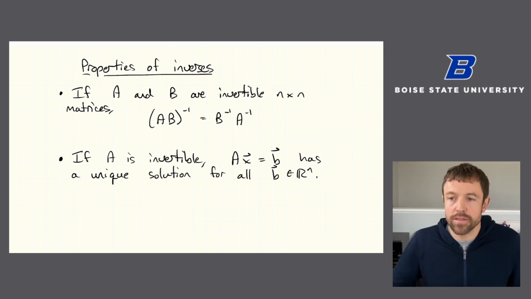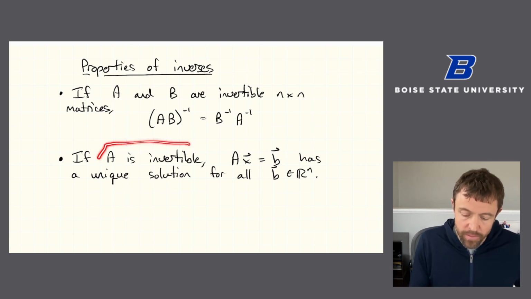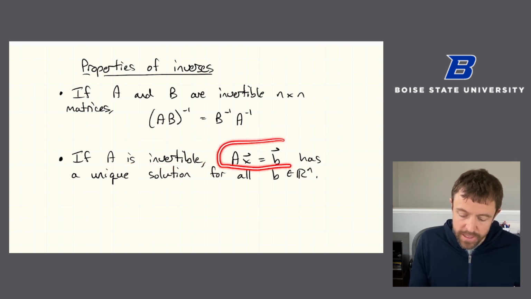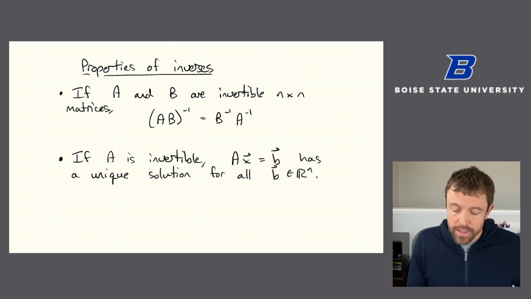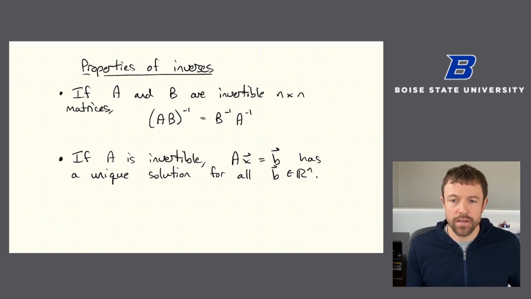But the second thing is what I want to focus on. This is one of the real values of thinking about inverses of matrices. When we have an invertible matrix, then the corresponding system AX equals B, where X is unknown and B is some given vector, will always have a unique solution for all vectors in Rn. This is not new, right?